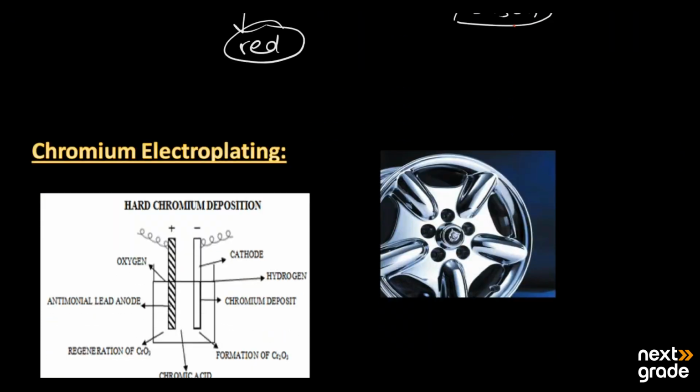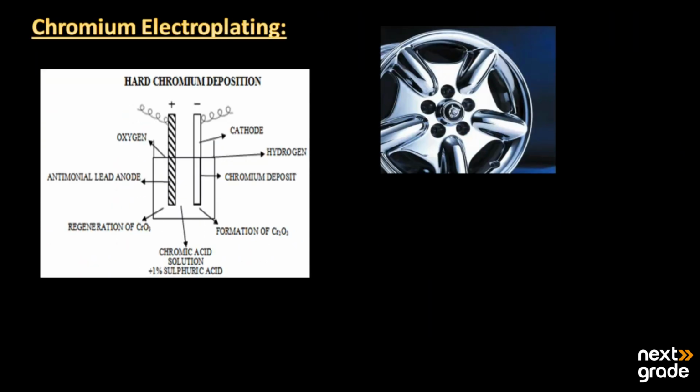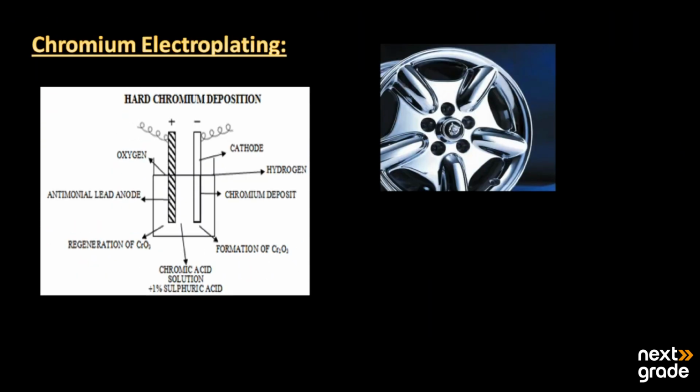After tin electroplating, we have the process of chromium electroplating. In chromium electroplating, the alloys that we need to give some visual appeal, and also to protect from corrosion, get electroplated with chromium, and there is a hard chromium deposition over the surface.